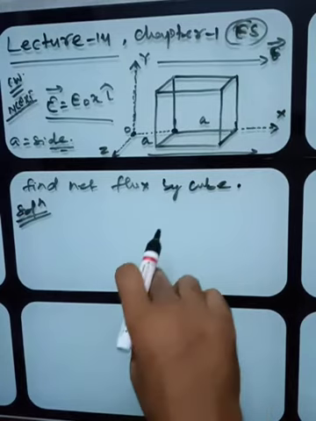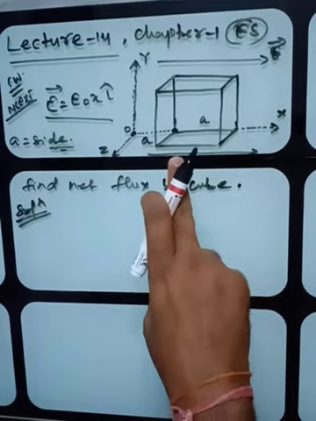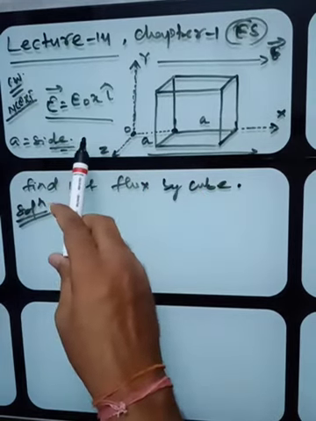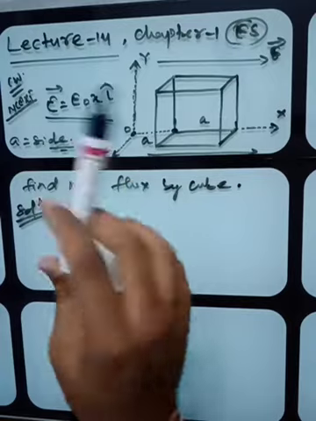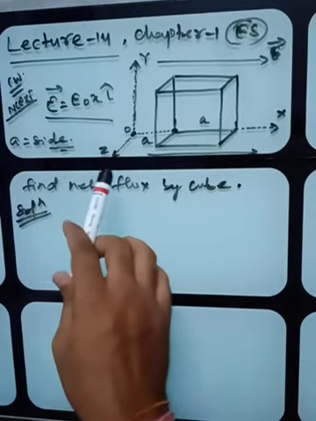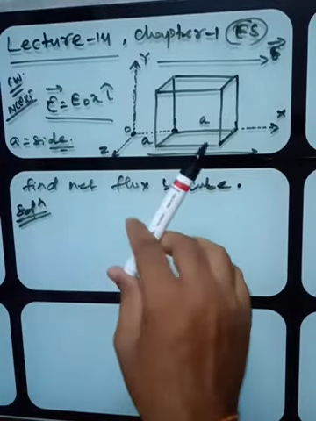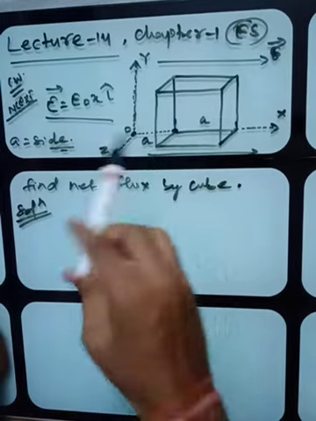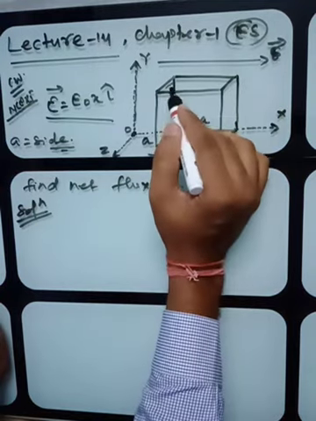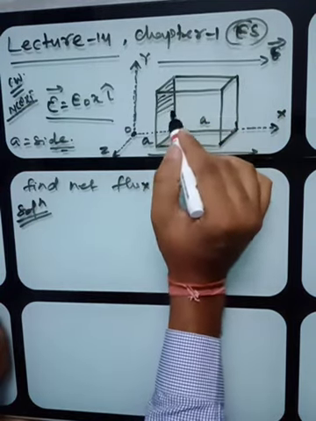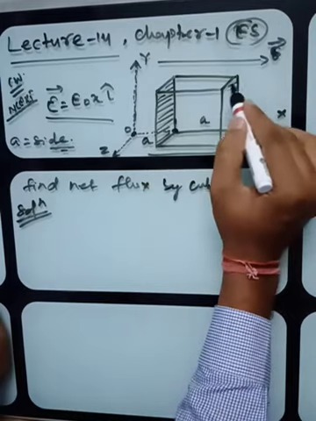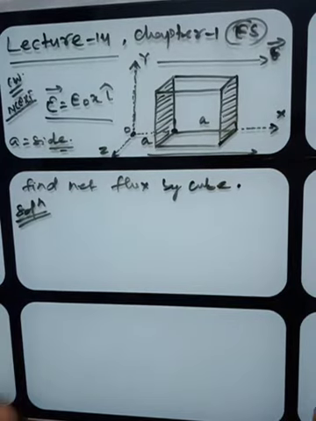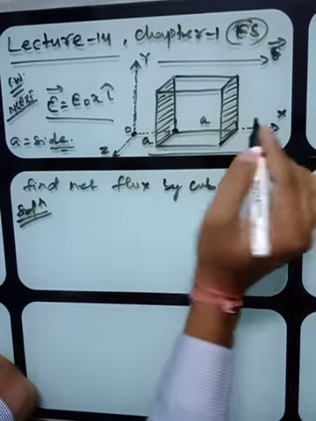Again I'm repeating, those surfaces which are perpendicular to the electric field will not encounter any field lines, so flux for those faces will be 0. So which faces are going to encounter the electric field lines? Only this face here, the hashed face, one face, and this is face number 2. Only these two faces will encounter the field lines.